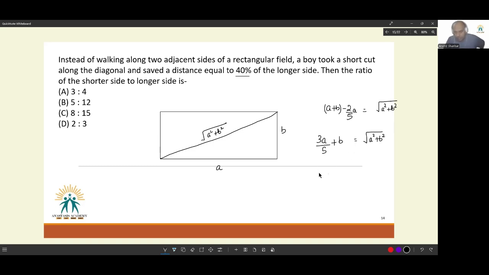Let me square it up. I will get 9A square by 25 plus B square plus 6AB by 5 is equal to A square plus B square. I can get rid of B square. I can get rid of A's everywhere.